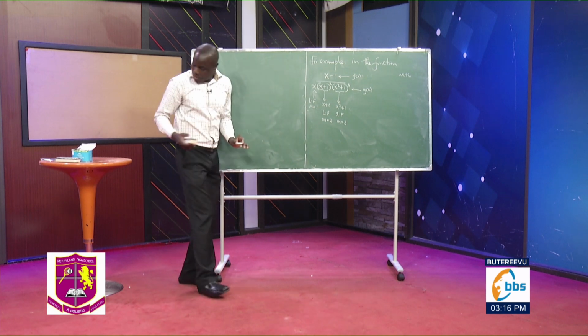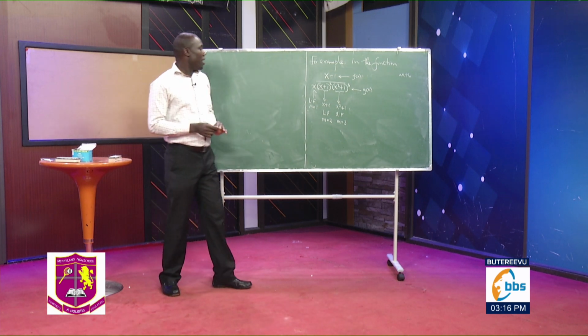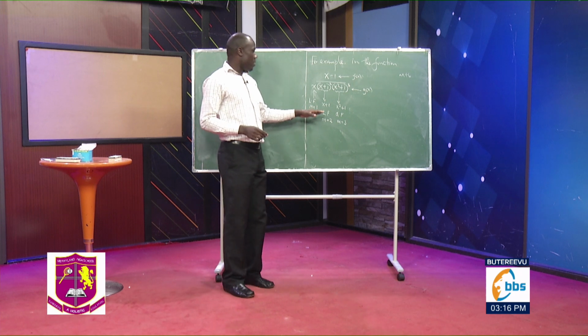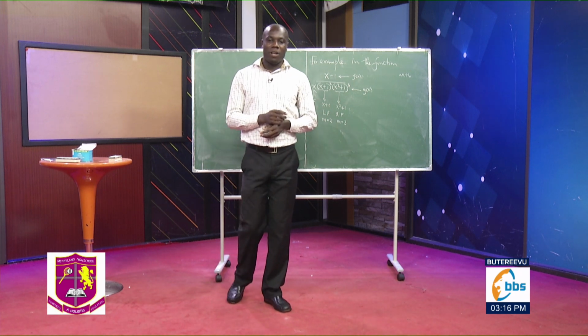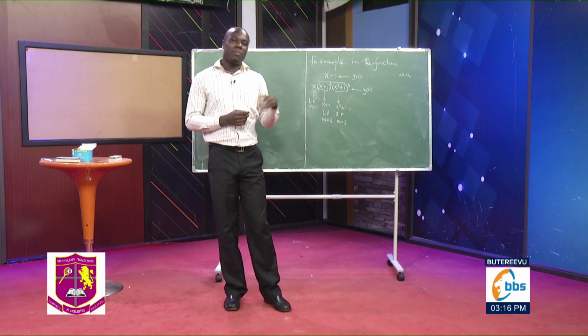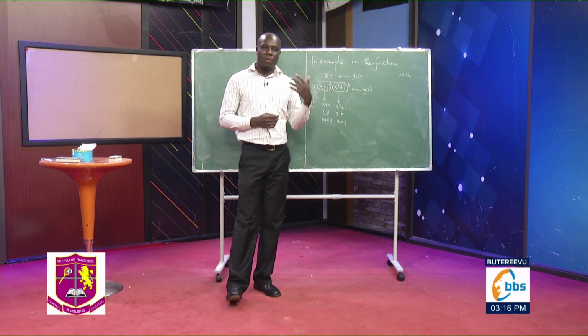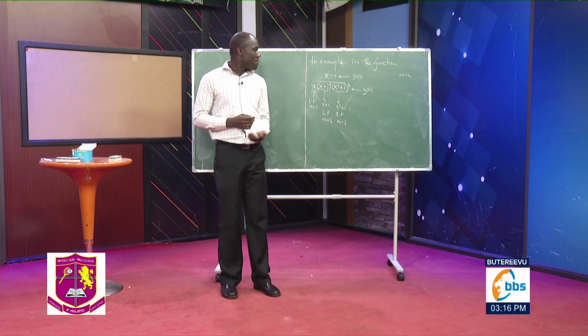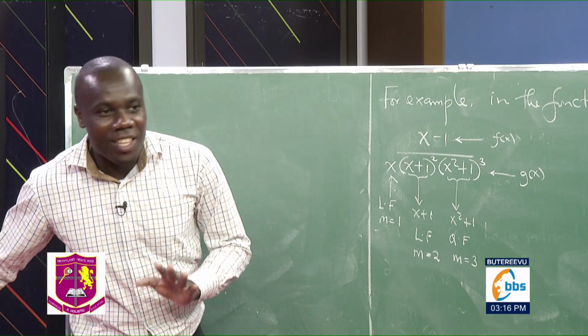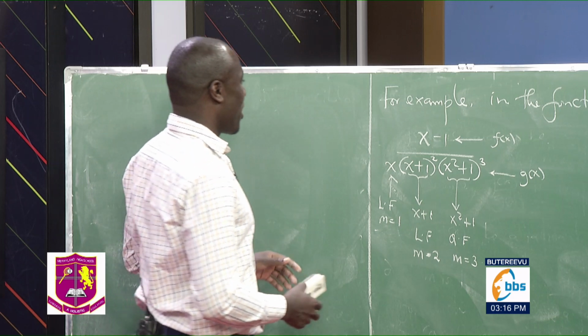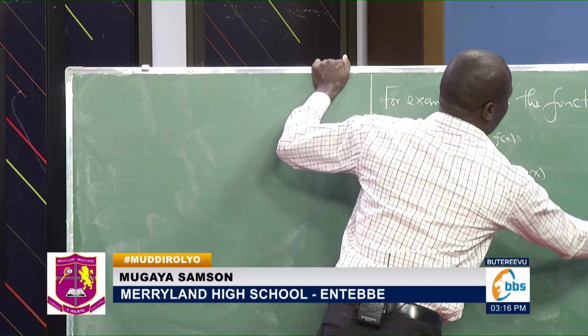And sometimes when the multiplicity of a factor is greater than 1, we normally use the words a repeated factor, or a repeated linear factor, or a repeated quadratic factor.